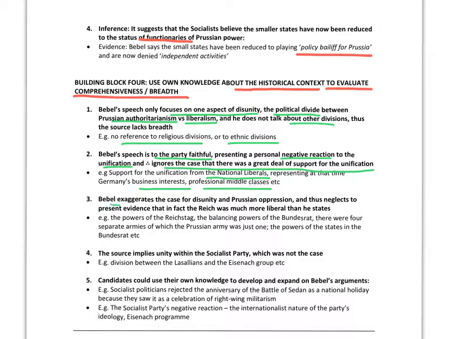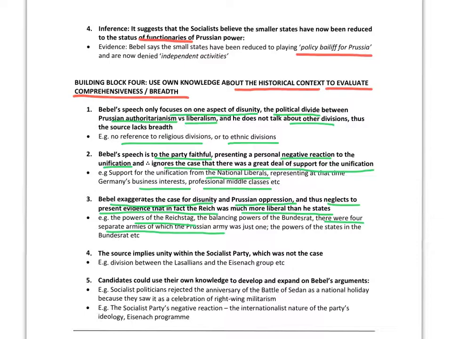Thirdly, Bebel exaggerates the case for disunity, and also about Prussian oppression, and as a result he neglects to present evidence that in fact the Reich was much more liberal than he states. So he does overstate that. We gave that example earlier. There were 4 separate armies, of which the Prussian army was just one. Germany had introduced a system in which all men over 25 had a vote.